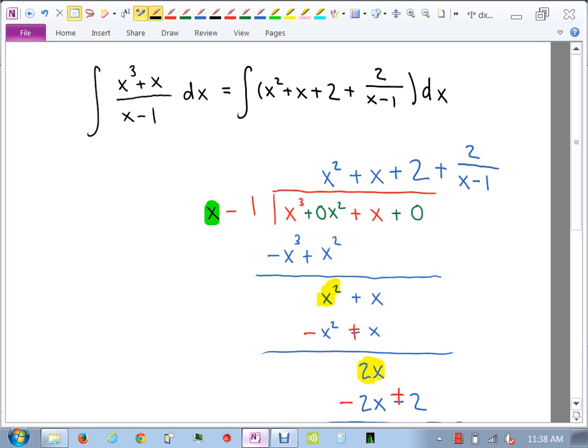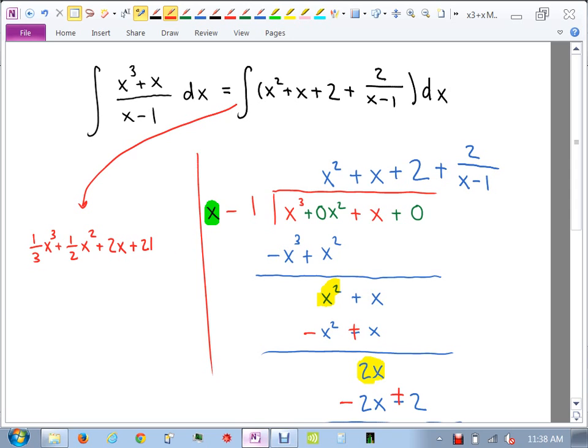And can you integrate that term by term? Yes. It is 1/3 x cubed plus 1/2 x squared plus 2x plus 2 natural log of x minus 1 plus c.